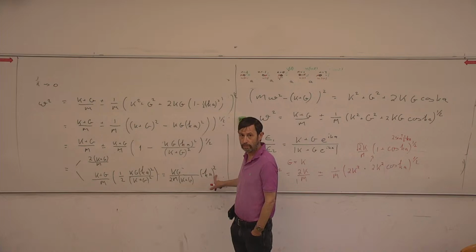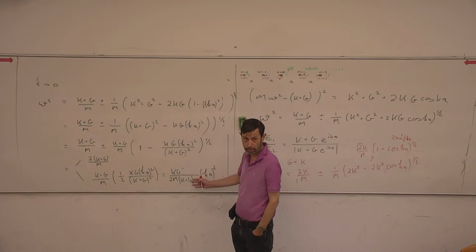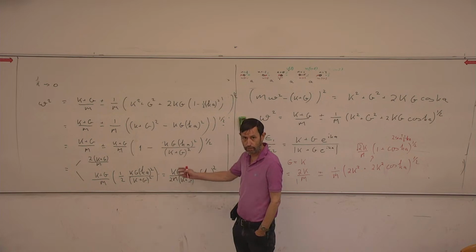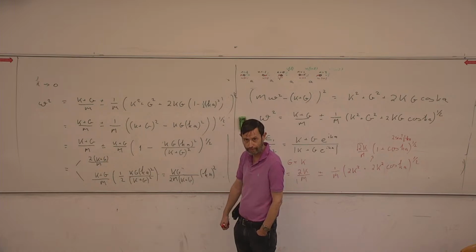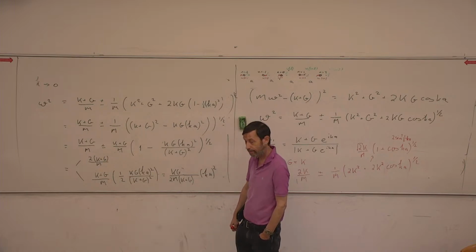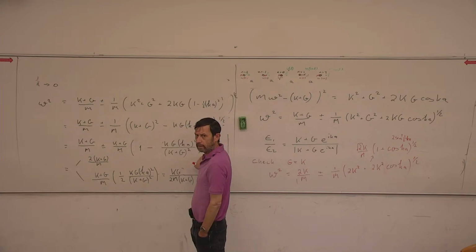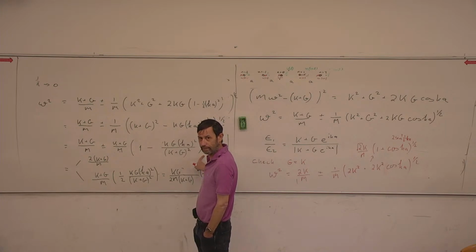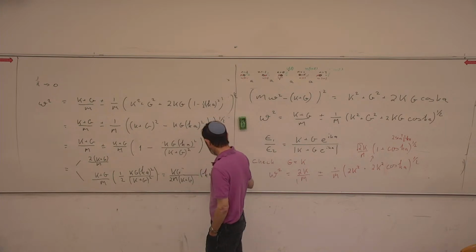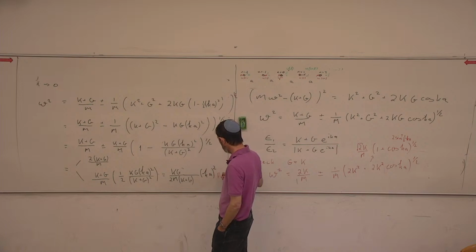Take a square root and omega is linear with k, with some dependence on K and G. If we put in K equal G, we'll get exactly the results that we got before. This result, and therefore this is the acoustical mode.